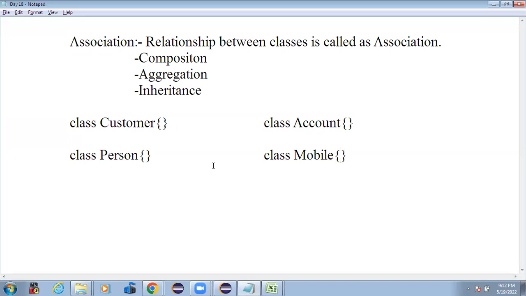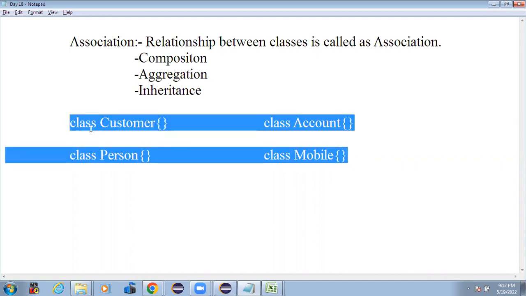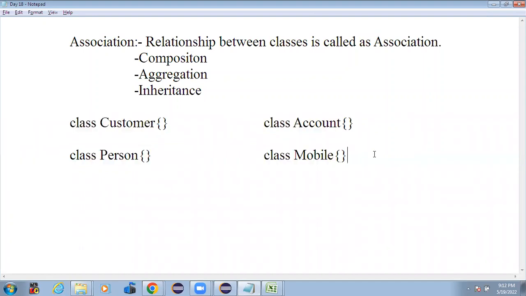Yes, every person has a mobile. Person has a mobile, or customer has an account. Like that, one implementation is there. No doubt some technical differences are there in this example. We will see that.